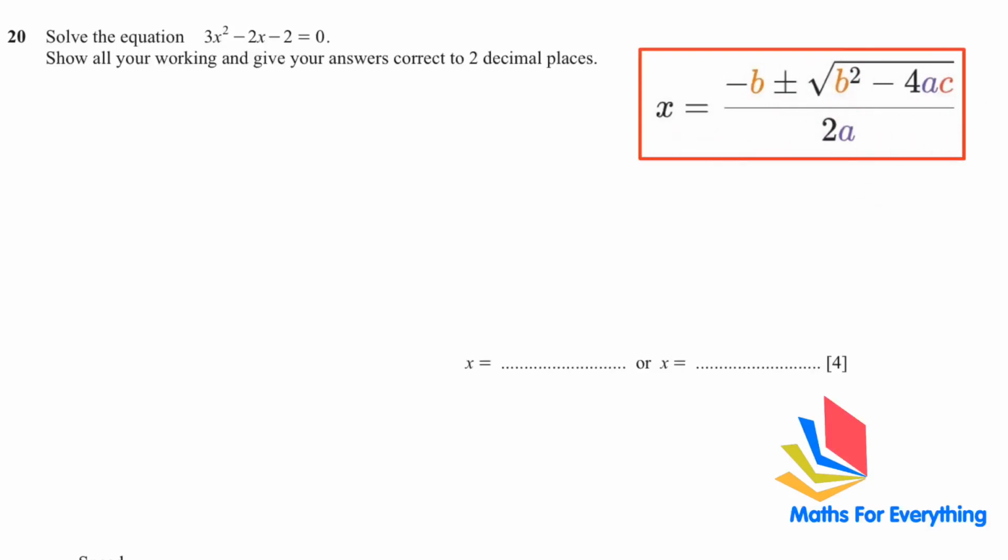We just have to write what our a, b and c are. A is the number before x squared, so 3. B is the number before x, which is negative 2. And c is the number which does not have an x, so that is negative 2 also. Now we are just going to replace everything.